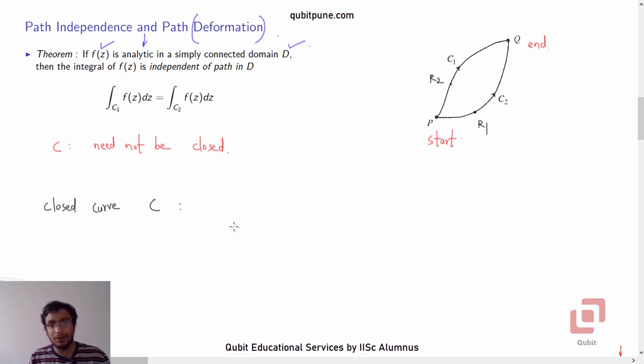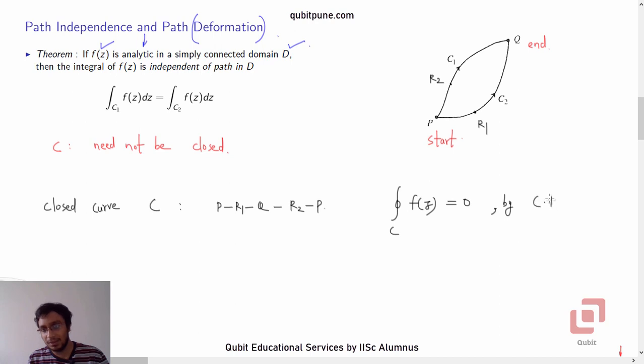So I can call a closed curve P R1 Q, then Q R2 P. So this is a closed curve, and because the function is analytic and we have a simply connected domain, we can directly say that the integral of the analytic function f of z along C is 0, by Cauchy's integral theorem.